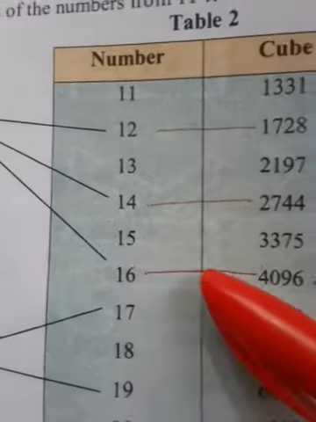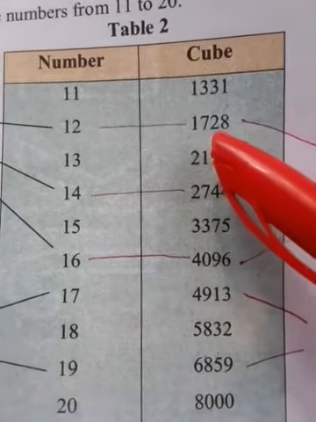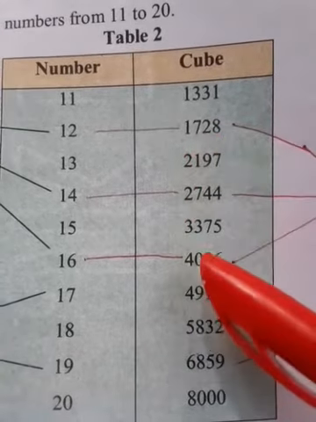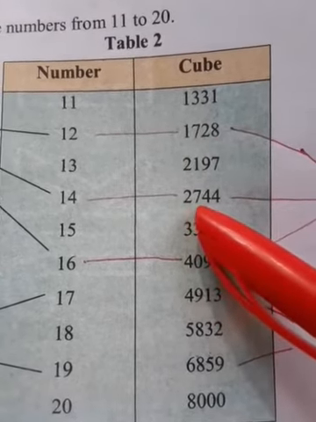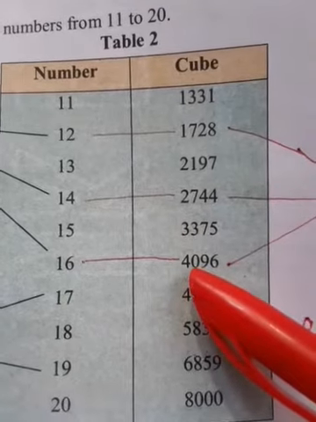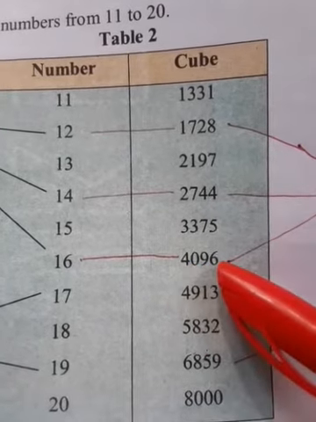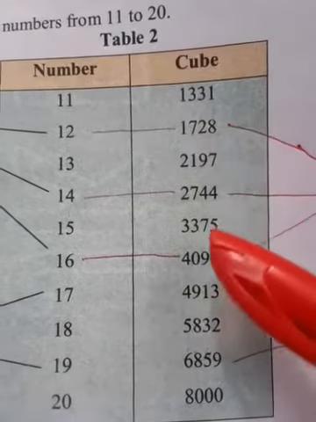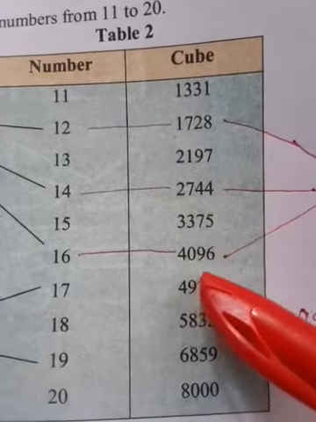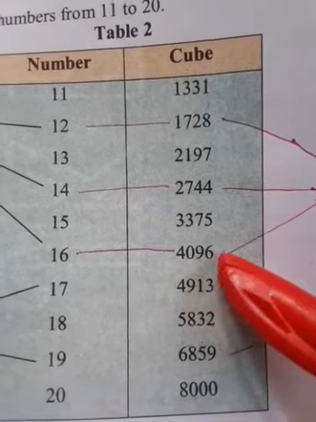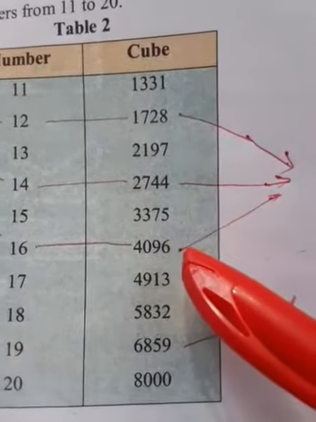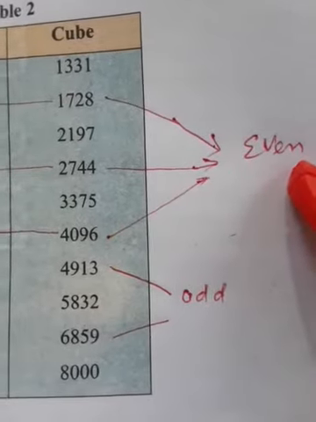So their cubes are 1728, 2744, 4096. 8 in one's place, 4 in one's place and 6 in one's place. That means these three cubes or perfect cubes are even.